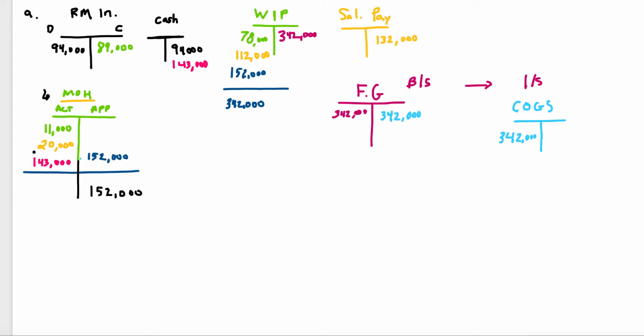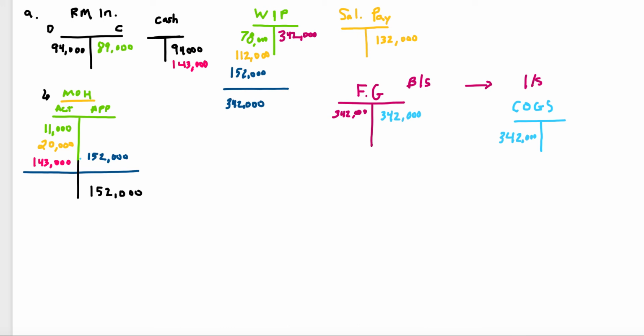So I have $11,000 of indirect material plus $20,000 of indirect labor, plus I have $143,000 of other manufacturing overhead costs that I incurred and paid.